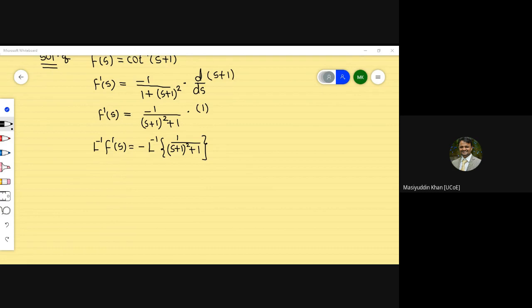e raised to minus t into sin t. e raised to minus t into sin t.